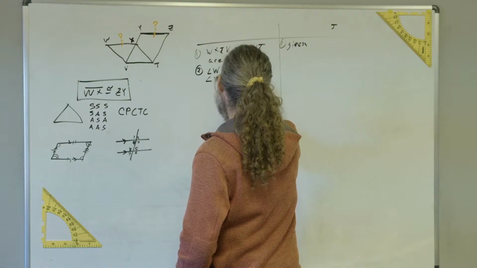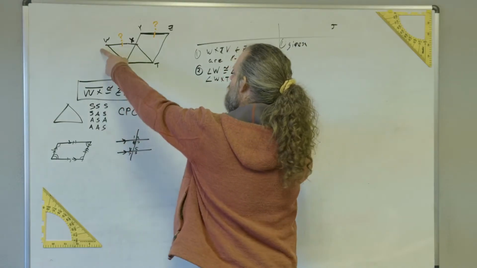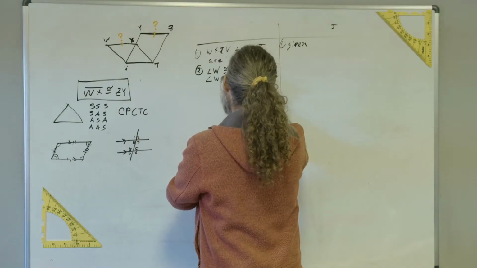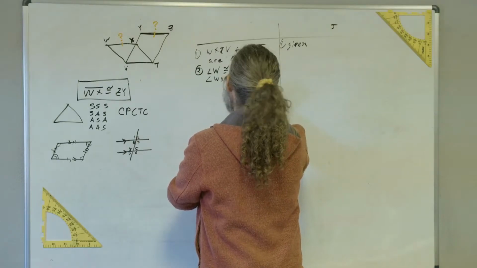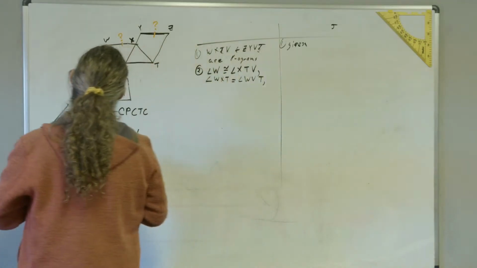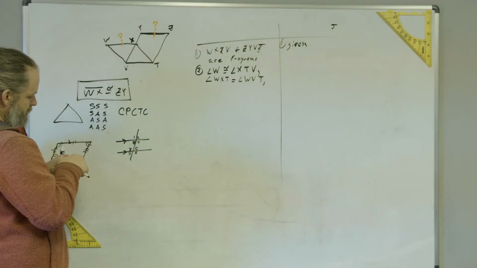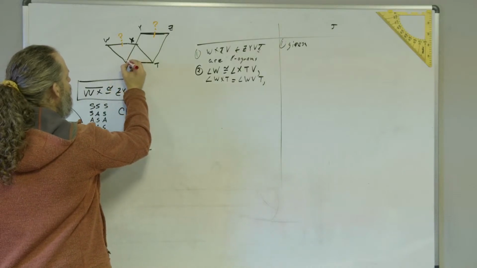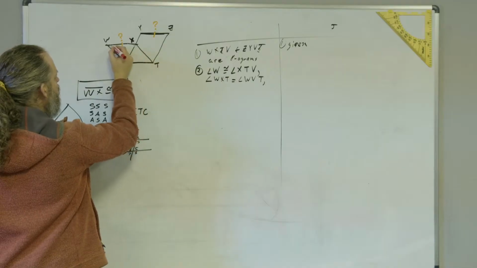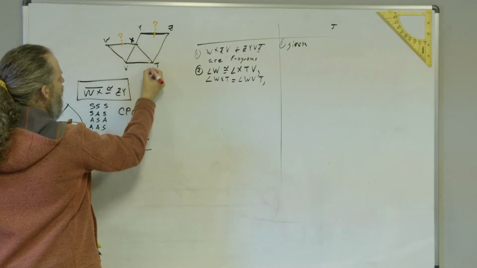Angle WXT, that's that one up there, is congruent to angle WVT, right? So that's the ones in this little shorty parallelogram. This is congruent to this, and this one is congruent to that one.